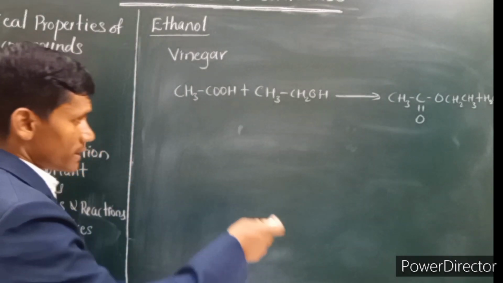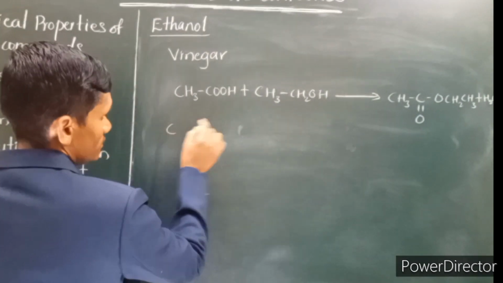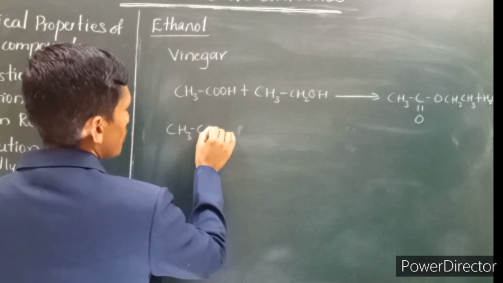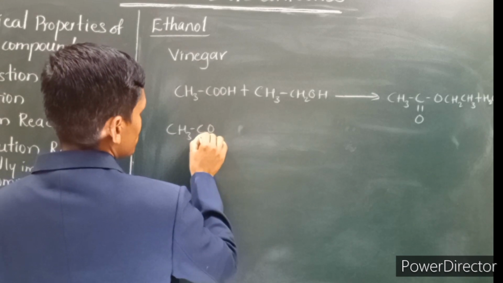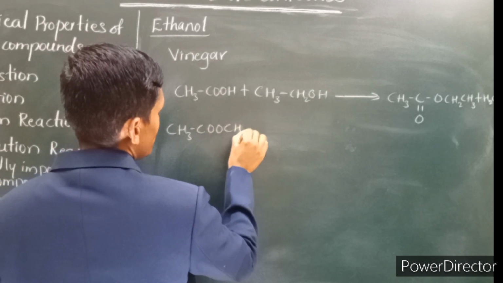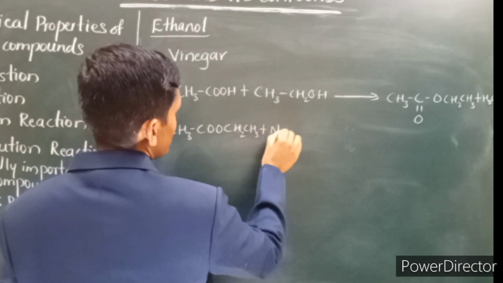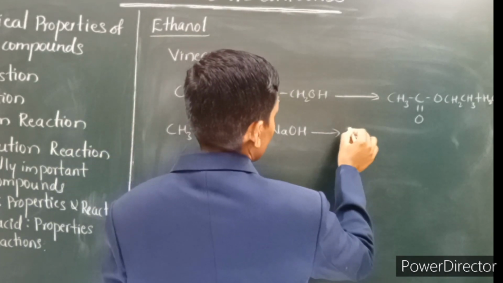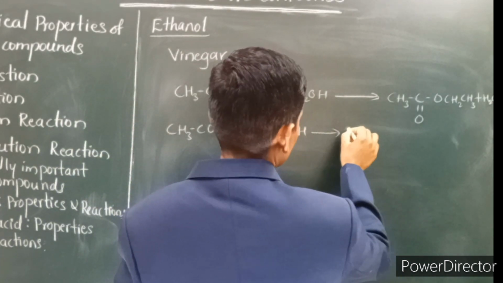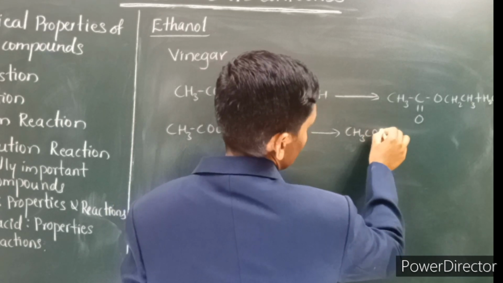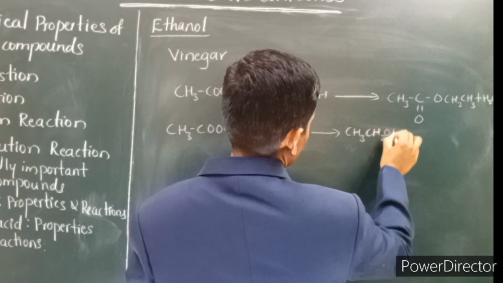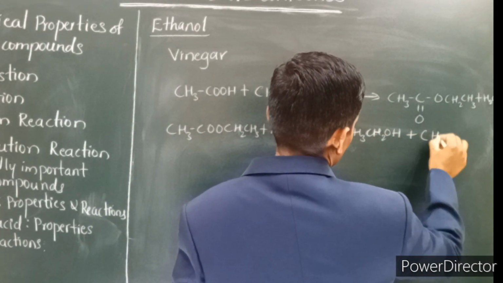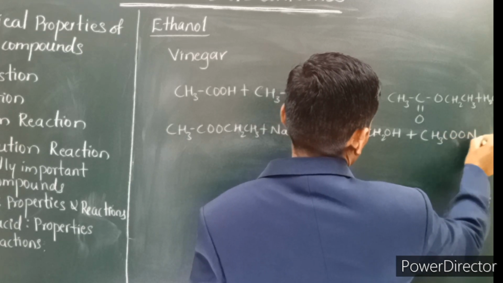See, for example, the ester CH3COOCH2CH3, when it is treated with NaOH, that is alkali sodium hydroxide, it gives back ethanol, CH3CH2OH, plus the sodium salt of the carboxylic acid, that is CH3COONa.